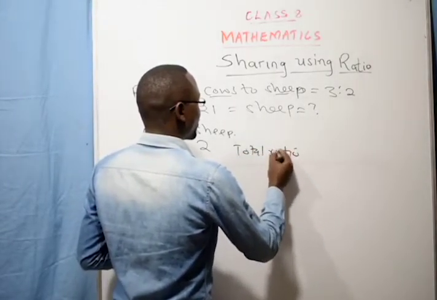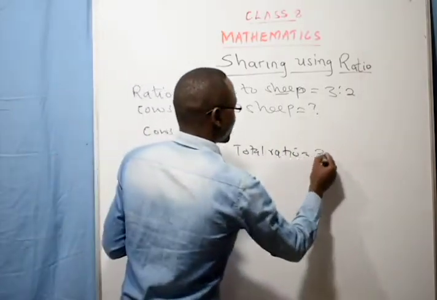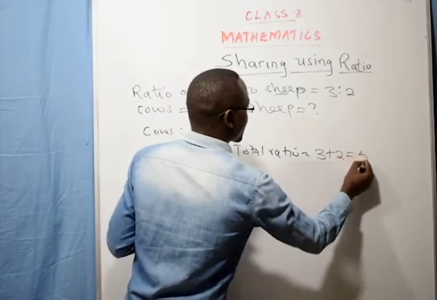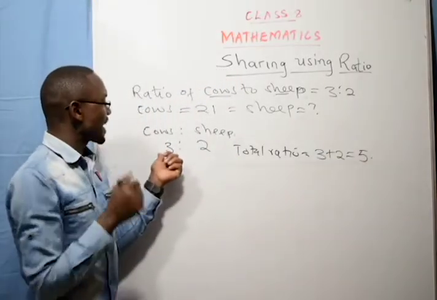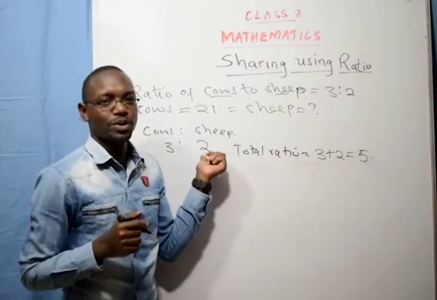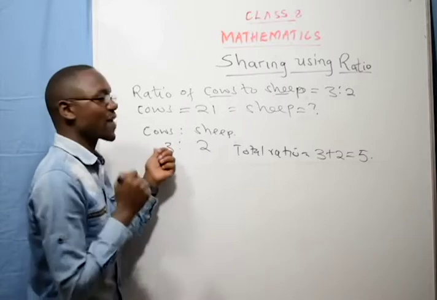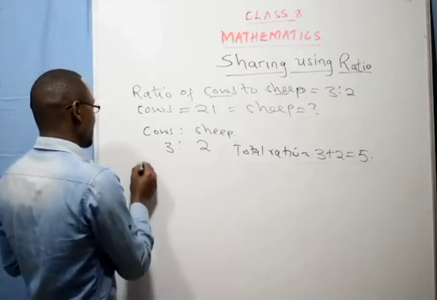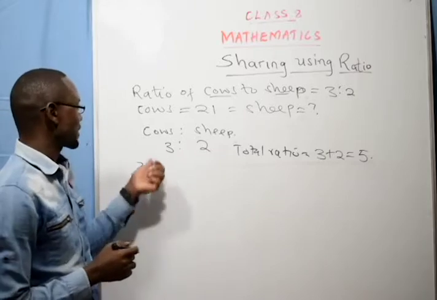The total ratio, whereby you add 3 plus 2, is equal to 5. In every 3 cows there are 2 sheep. So this means that the fraction of the number of cows in that farm is 3/5.